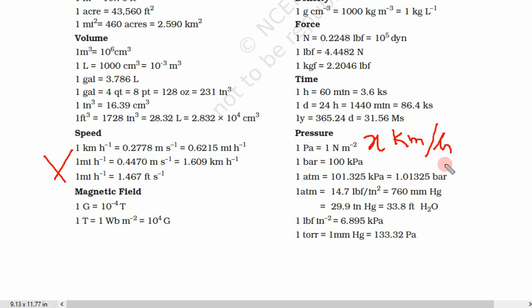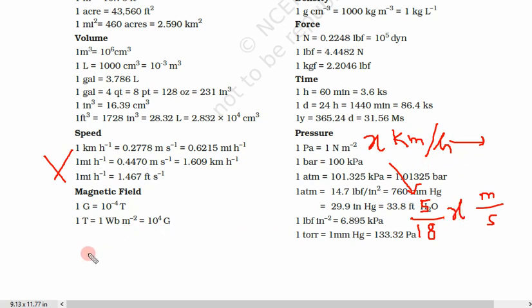Now you have to convert this into meter per second. So what is the multiplication factor? The multiplication factor is 5 by 18. If you multiply this x with 5 by 18, then you get the speed directly in meter per second. Okay.